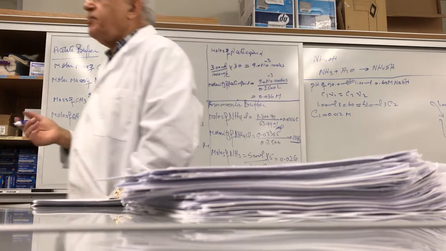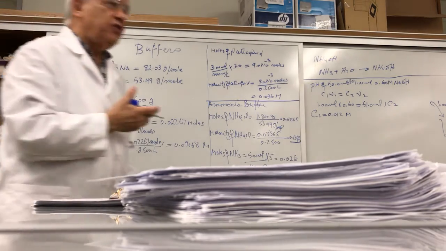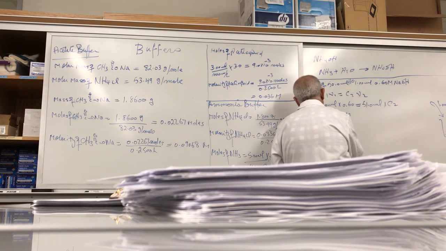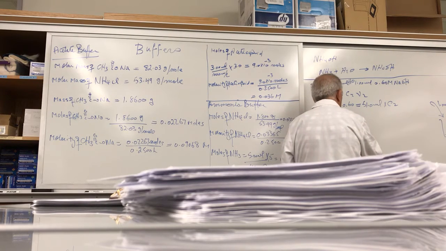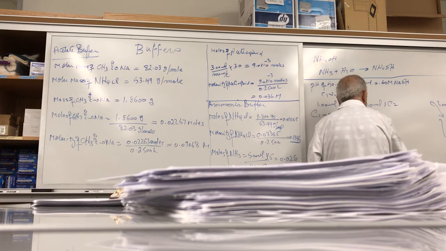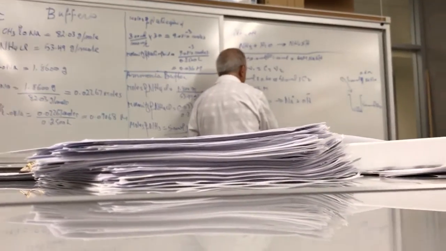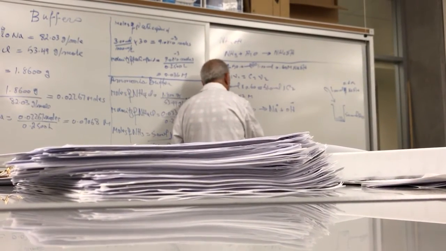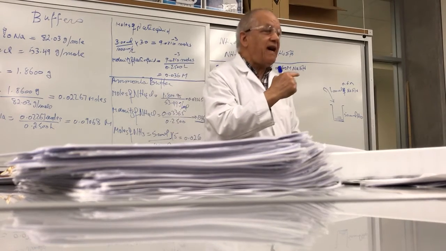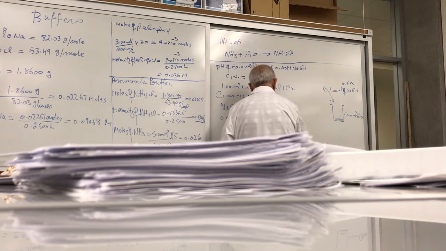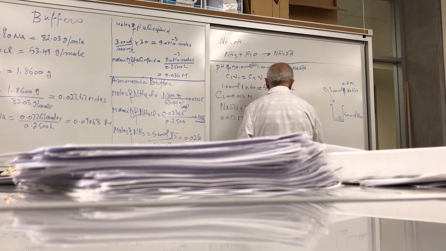Now how do we find the pH? What you have here is sodium hydroxide. NaOH plus H2O goes to Na plus and OH minus. So we have 0.012 molar. Because this is a strong base, when it ionizes it gives you completely 0.012 moles of each. How to find the pH?